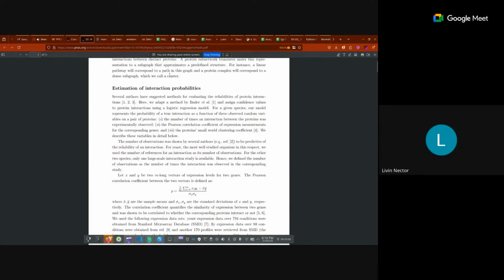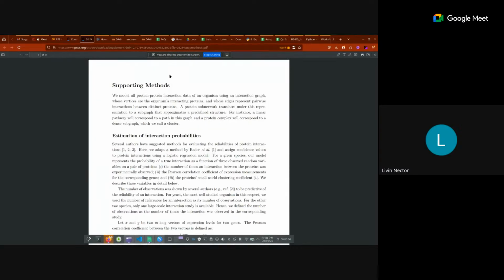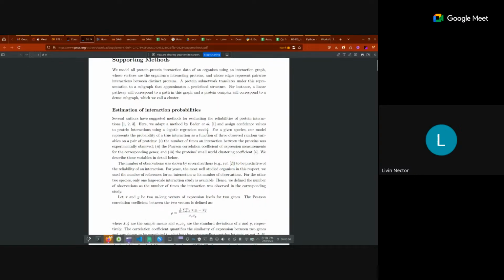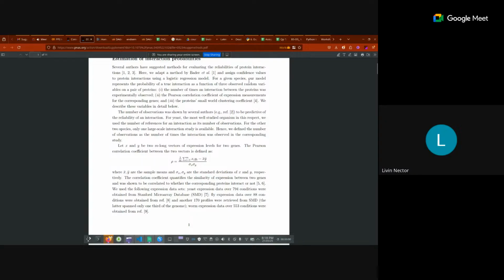Before that, we'll go through the steps that we are trying to do to achieve this problem. They are modeling this using a logistic regression model, and for a given species we represent the probability of interaction using three features that we observe. One feature is the number of times the interaction between the proteins is observed, the second is the Pearson correlation coefficient, and the third is the small world clustering coefficient.